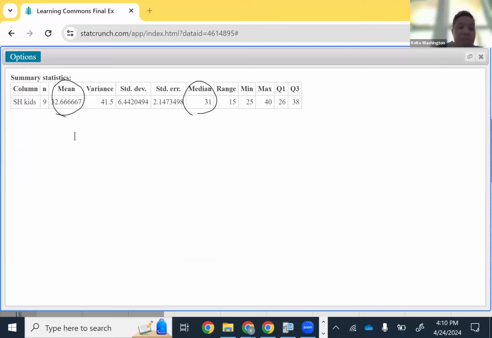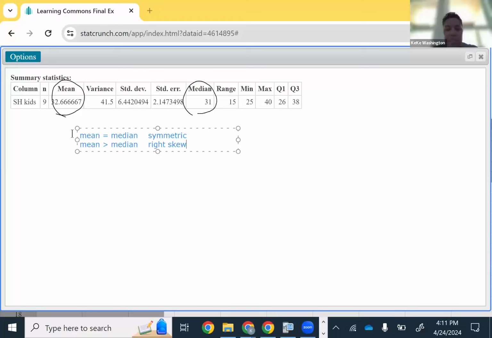Let's remember a couple of things about the mean and the median. If these two values are the same, then your distribution is symmetric. And we'll say practically the same as well. If they're pretty close, then we're going with symmetric. However, if your mean is greater than your median, then your data is right skewed.